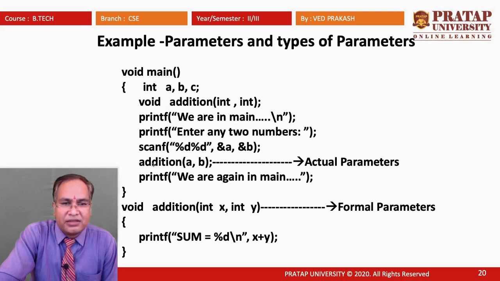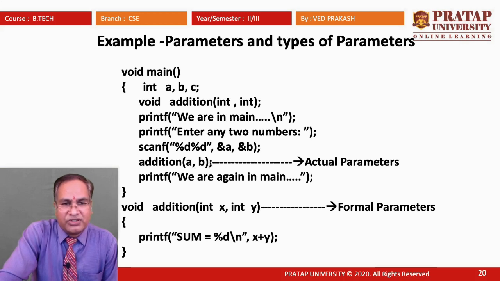Here is the function call. As I told you, a function call has the function name and parentheses with parameters and a semicolon. So here we make a function call. The parameters passed in this calling function are known as the actual parameters.